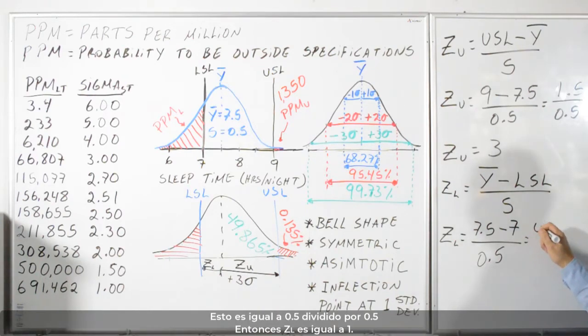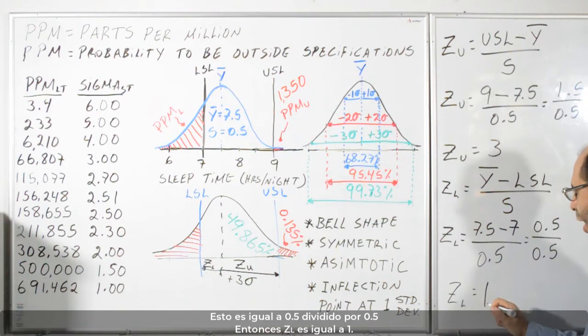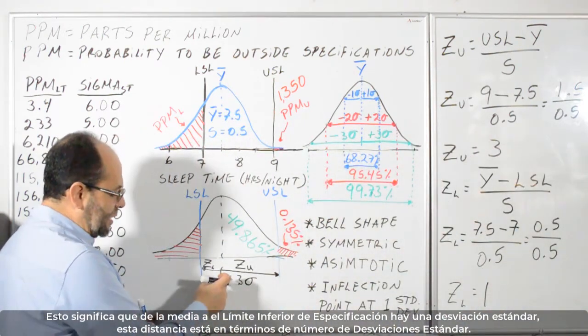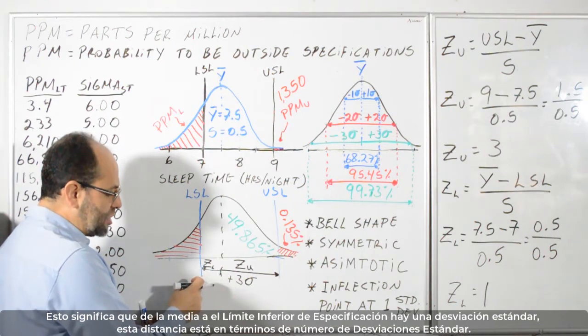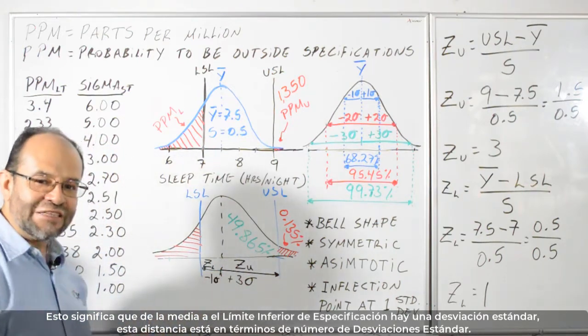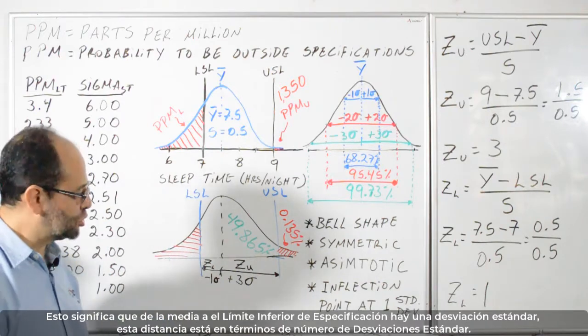Then that will be 0.5 divided by 0.5, so Z lower is equal to 1. That means that from the mean to the lower specification limit, there is one standard deviation.